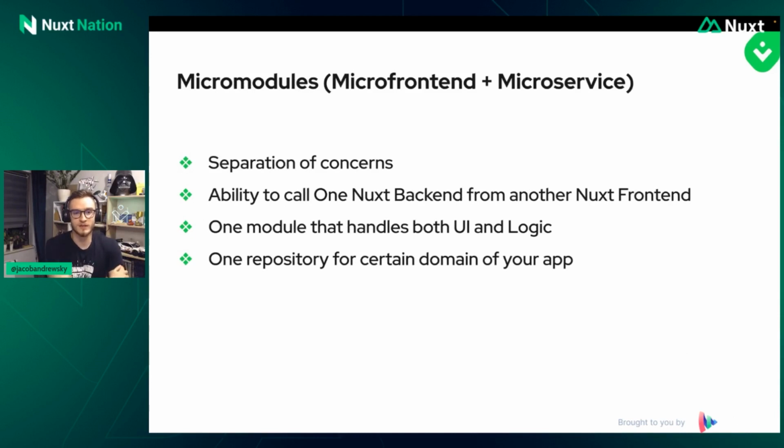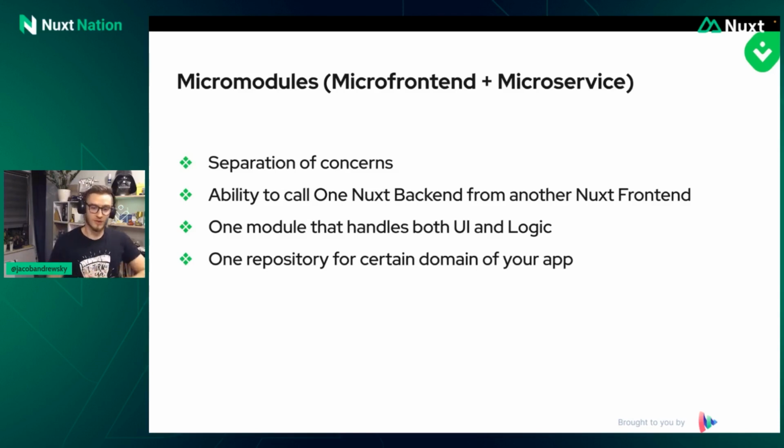And the second reason is something that I call micro modules, which is basically a micro frontend plus microservice. So having such a microservice, which is deployed independently, it can have its own UI. It can have its own frontend. So we have the frontend and the backend deployed as one micro module. And this micro module might also export or basically have an interface, a REST API, that any other Nuxt application or any other application in general can talk to and get the data from.